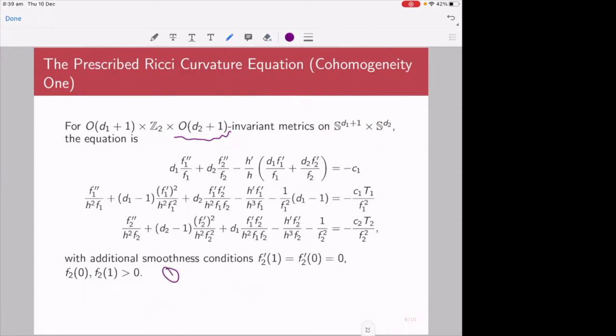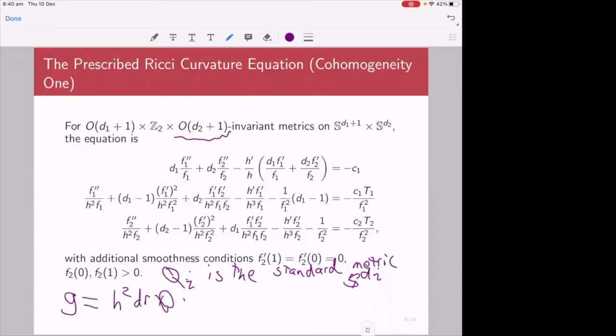So if we say that Qi is the standard metric on the sphere of dimension Di, then this time the metric that I'm looking for is going to be h squared dr times dr plus f1 squared times the standard metric Q1 on the sphere of dimension D1 plus f2 squared times the standard metric Q2 on the sphere of dimension D2.